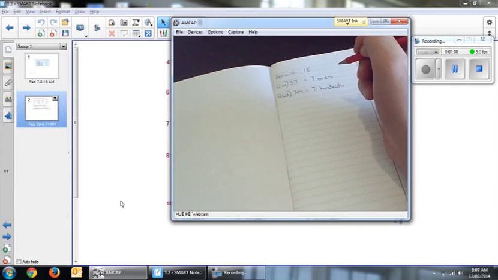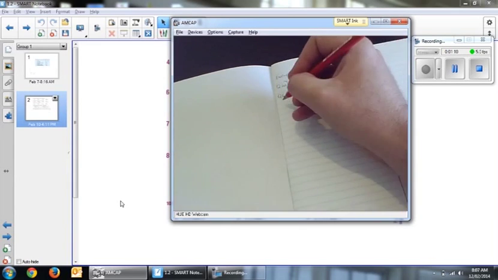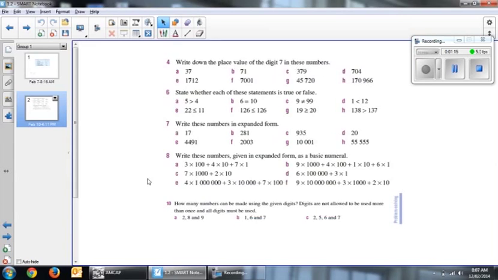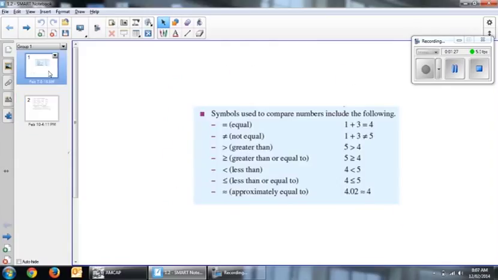Next we're going to have a look at question 6a. 6a says state whether each of these statements is true or false. We're going to have a look at A, and here we have a symbol. If you're unsure of any of these symbols, all you need to do is go back to the key ideas in your book, and it gives you this chart that gives you all of them.